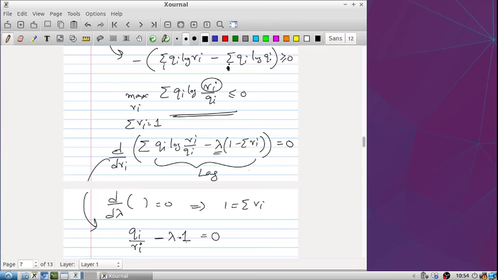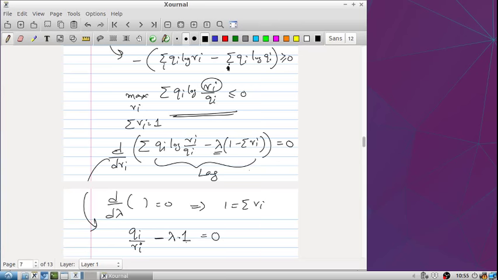So why is this true? Forget about the denominator, because basically it's Qi log Ri minus Qi log Qi. Qi log Qi doesn't have Ri, so that's a constant. Take the derivative of this guy with respect to Ri, you get Qi divided by Ri, right? The derivative of log of x is 1 by x. Now there's only one other Ri in the second term.